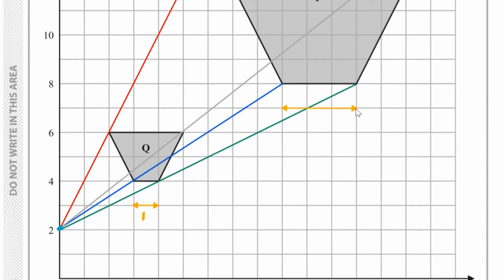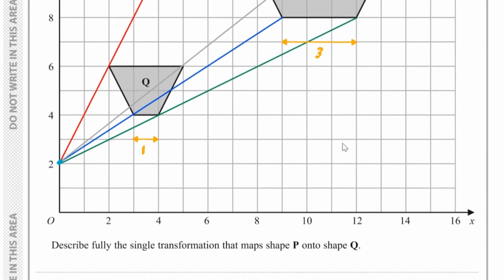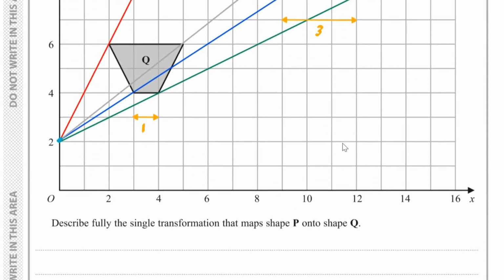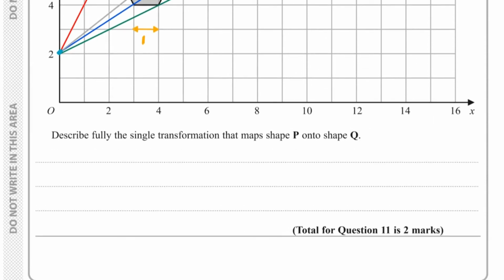This length is 3. So therefore, our scale factor is 1/3, which means we have an enlargement with scale factor of 1/3, and the center of enlargement will be 0, 2.